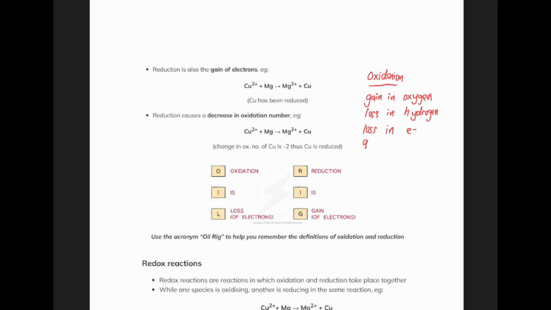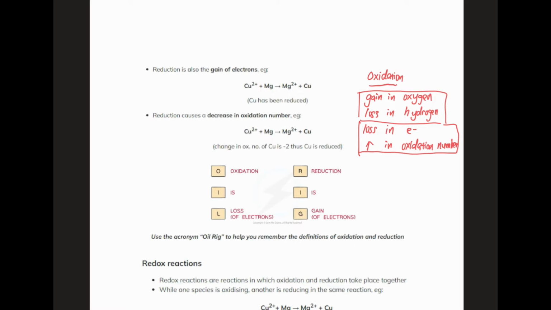Then gain or increase in oxidation number. Normally I remember pair by pair. These two are opposite, they are one pair. These two are also opposite to each other, this is the second pair. So you remember oxidation alone, then reduction is just the other way around. It will help.